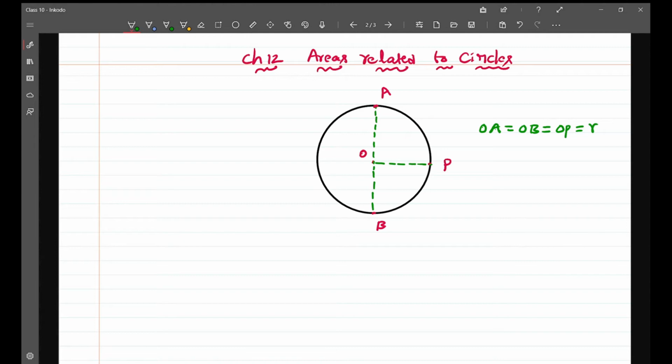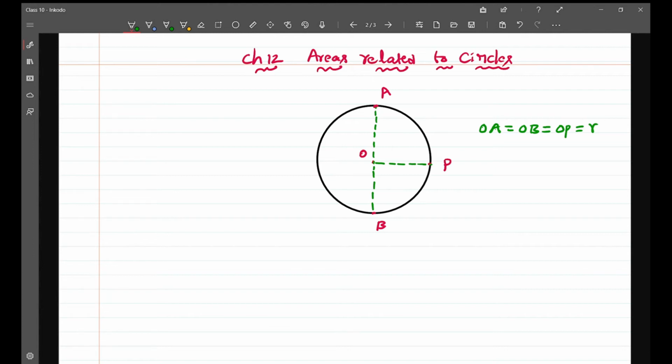As we know that distance between any 2 points on the circumference of a circle is called chord. And also we know that diameter is the longest chord which is passing through center. From this figure, AB is the longest chord which is passing through center.